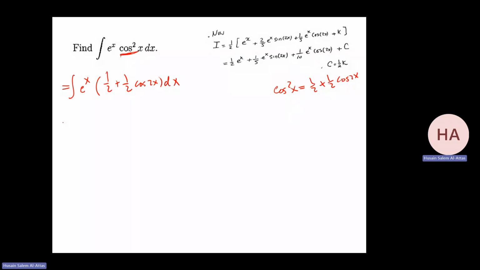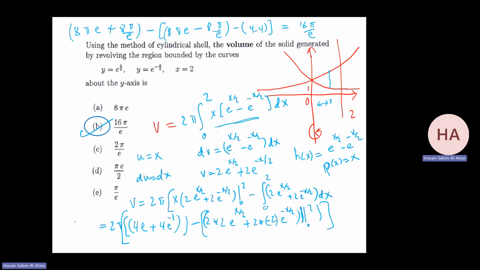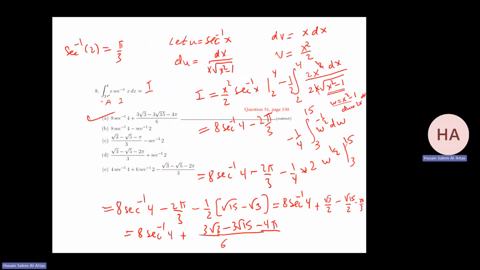I can split it into 2 parts: the integral of half e^x dx, which is easy to do, plus the integral of half e^x cosine 2x dx. This needs integration by parts. I think we did it before, e to the power x cosine 2x. If I have the formula, that will save my time.